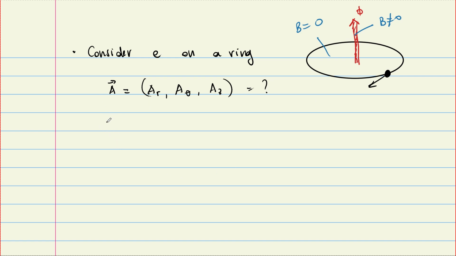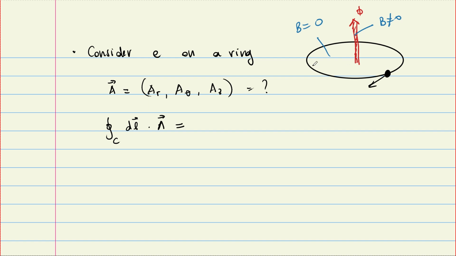But to find this, we can consider the line integral of the vector potential around any loop, around the loop of the electron. So this is dl dot A, and this is going to be equal to what? How do we calculate this?